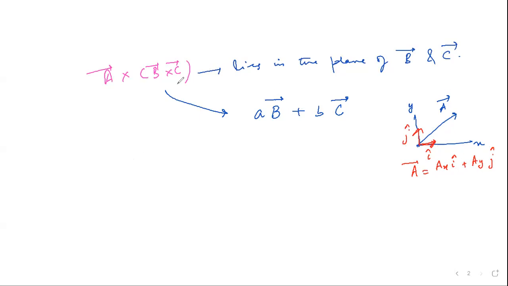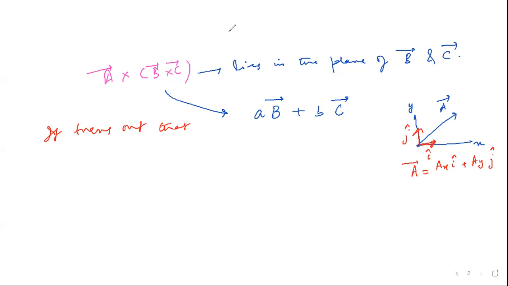Similarly, I am saying that since this vector lies in the plane of B and C, it must be a combination of B and C. That means it must be some number times B and some number times C. Now it turns out when we do the maths, we are not doing that derivation or that maths, we're directly writing it.